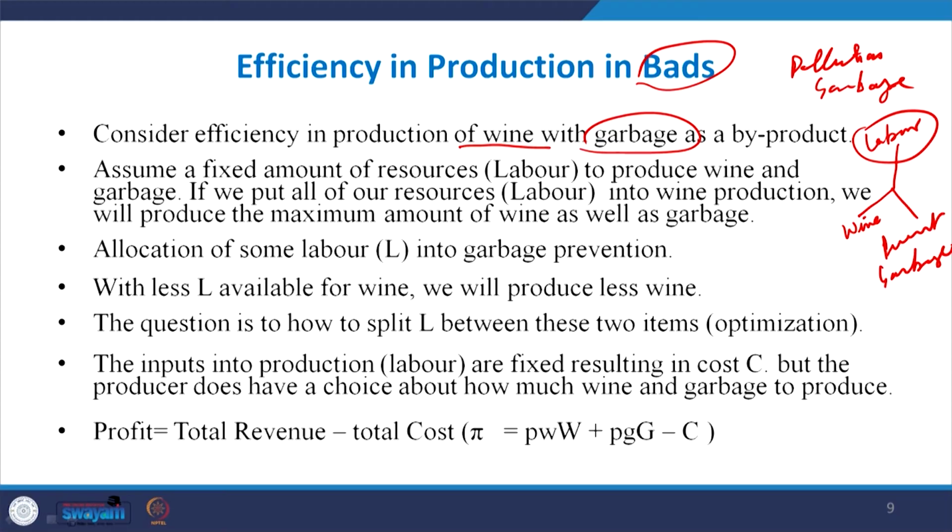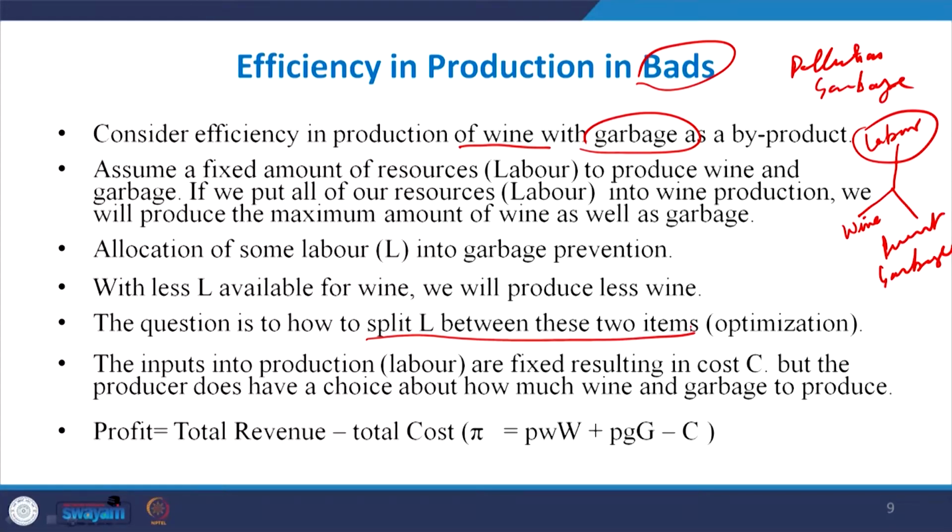So, you can see that allocation of labor can be done efficiently between wine and prevention of waste or waste disposal. With less labor available for wine, we will produce less wine. And the question is how to split labor into these two products.